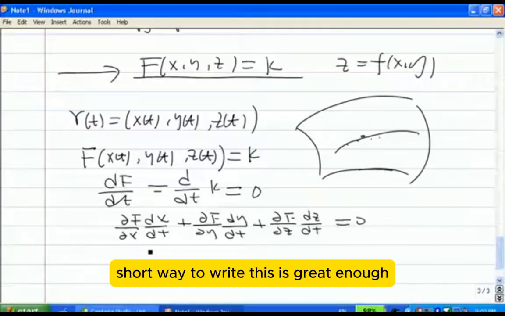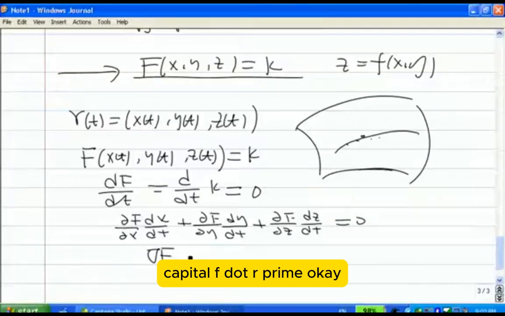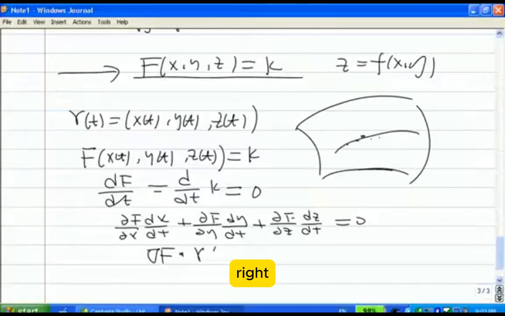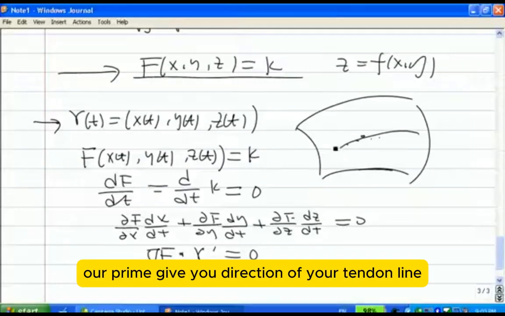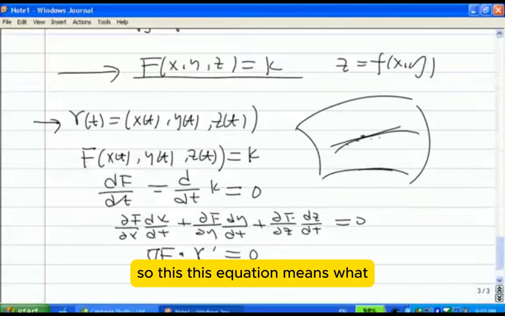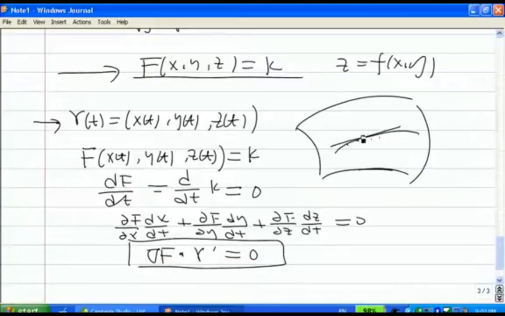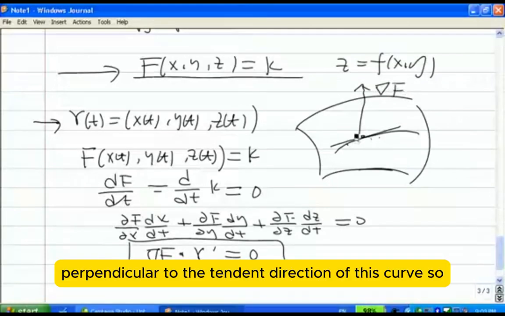A short way to write this is gradient F dot r prime equals 0. This is r, and r prime is the derivative. What is r prime? R prime gives you the direction of your tangent line. So this equation means what? Your gradient F is perpendicular to the tangent direction of this curve.